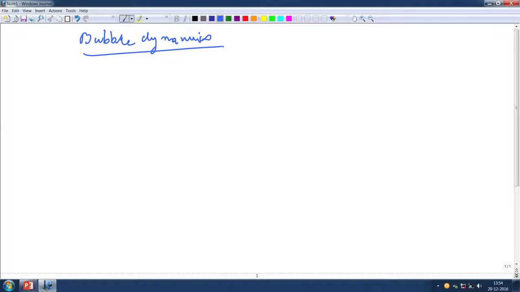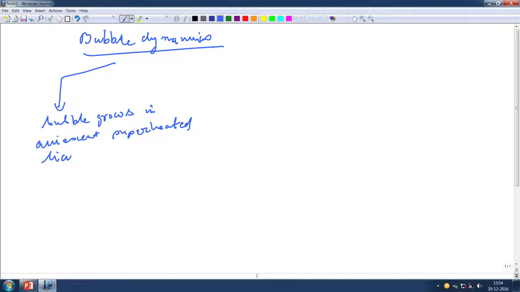In the case of bubble dynamics, there are two types that you can see. When the bubble grows in a quiescent superheated liquid, which is basically homogeneous.